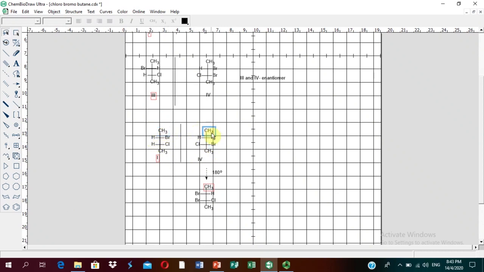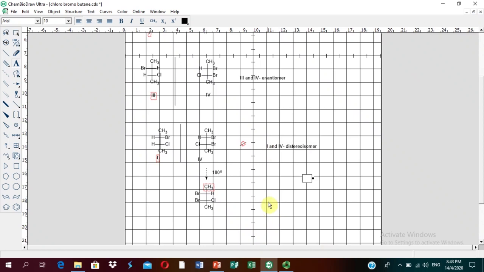So CH3, Br, H can overlap. So this is the first characteristic. So this is not their image. Sorry, number 1 and number 4 is a pair of diastereomer, stereoisomer.